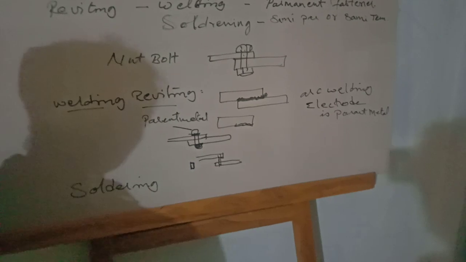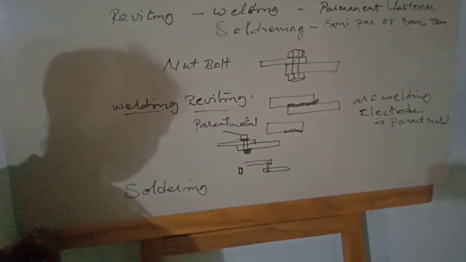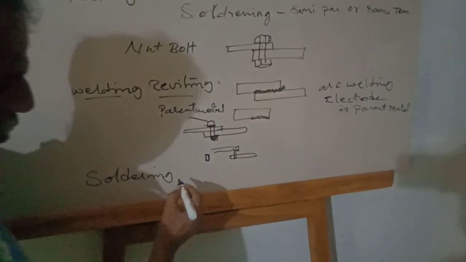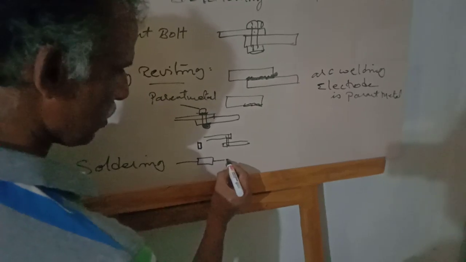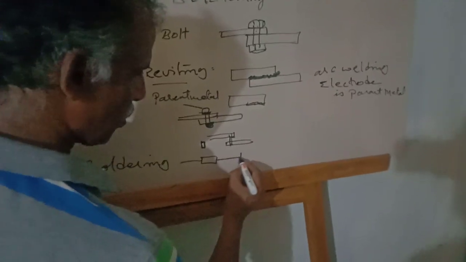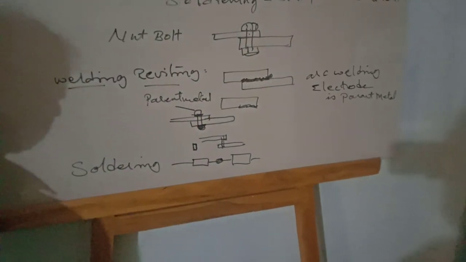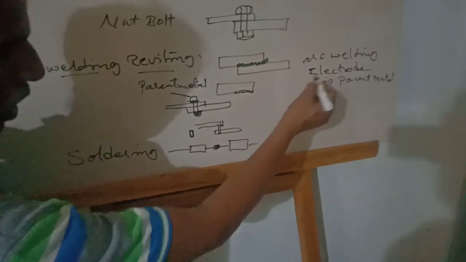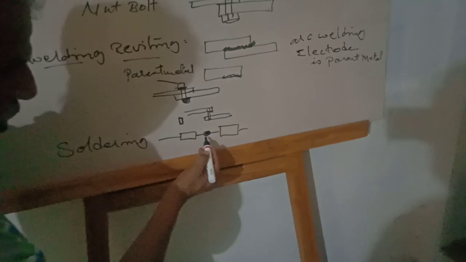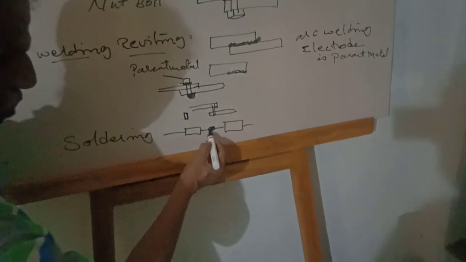Now soldering. You might have seen soldering in radio shops, in electronic systems, where they join two resistors together by soldering. To join this, unlike arc welding, they are joining using a soldering iron, using lead, flux, and paste, and they are joining this metal.